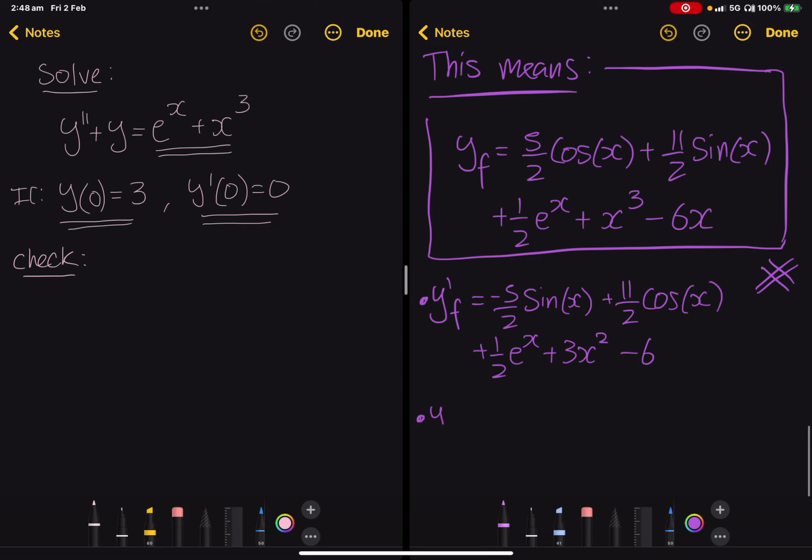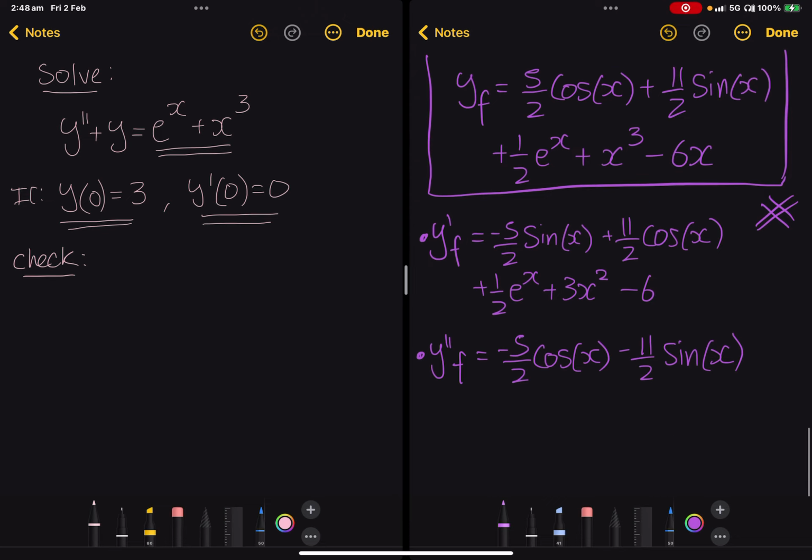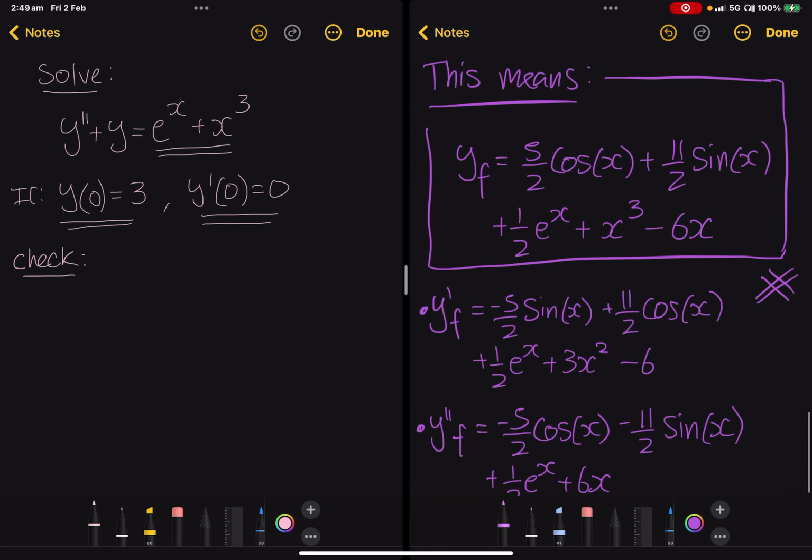The second derivative, y double prime with f subscript, implying that this is our full solution: minus sine becomes minus cosine, minus 5 on 2 cosine of x. Cosine becomes minus sine, minus 11 on 2 sine of x. Then we have plus 1/2 e to the x plus 6x, and the minus 6 goes away.